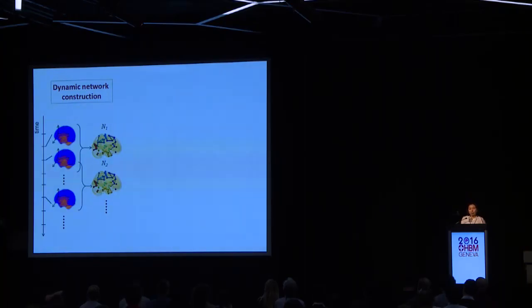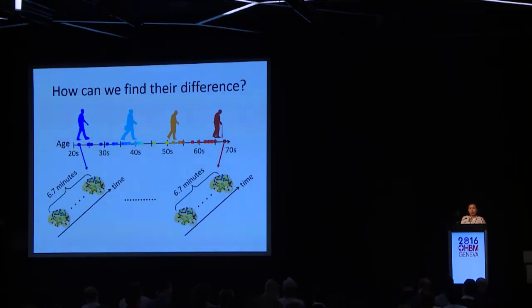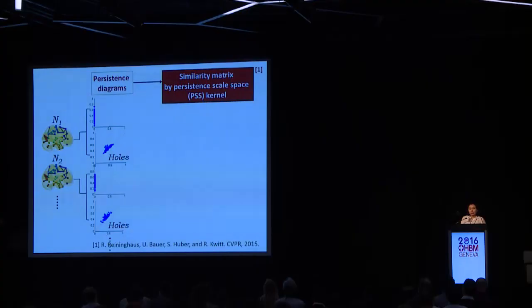We have 38 brain networks of subjects, and we estimate the persistence diagram of connected components and persistence diagram of a hole from each network. Remember that our goal is to find the difference between dynamic networks. So we need a similarity measure between persistence diagrams. So we use a persistence scale space kernel.